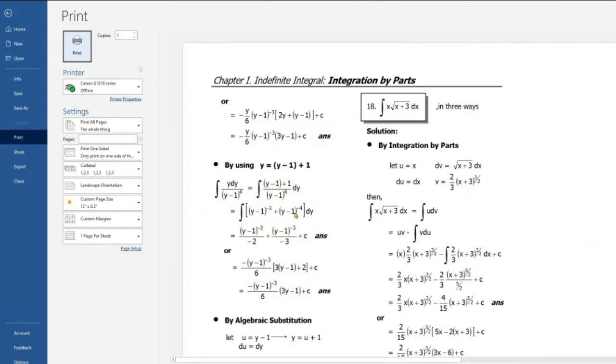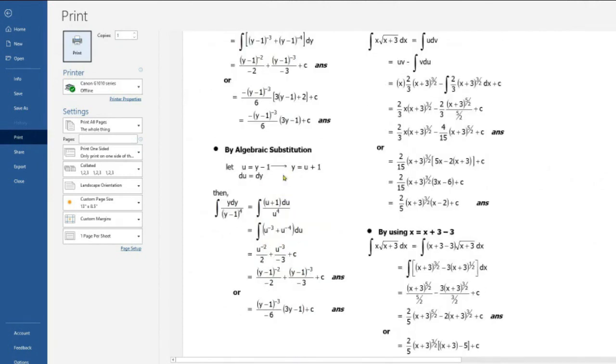Dito naman, magiging negative 4. Then, power formula lang. Then, yung isang solution, algebraic substitution. Magsasubstitute ka doon. You will let u is equal to y minus 1. Then, from here, your y is equal to u plus 1. Then, magiging du. Then, integrate, parehas din ang lalabas.